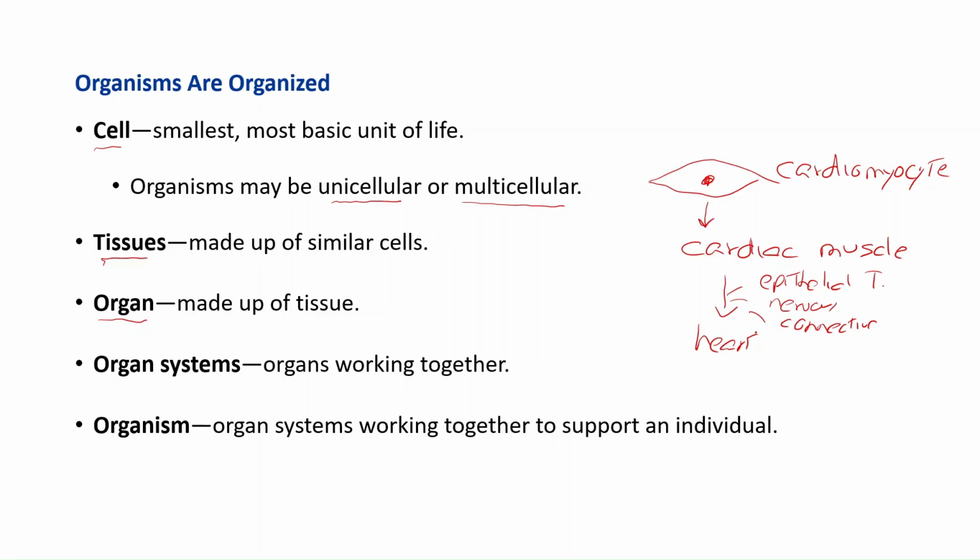But only one organ cannot do a whole lot by itself. So many organs come together to form an organ system. So you get your heart and you add blood vessels, you add blood, obviously, and now you have a system, the cardiovascular system.